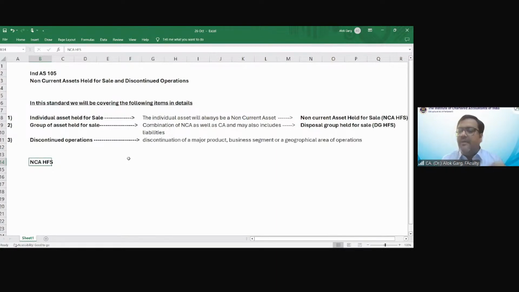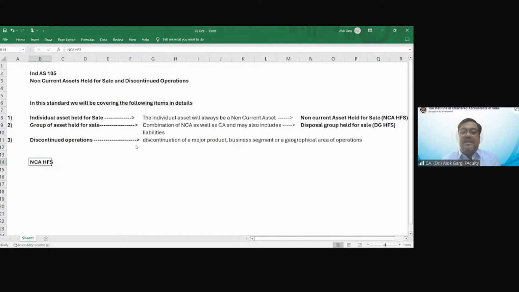The only difference is that NCA-HFS is a single asset and DGHFS is a group of assets. Wherever you find in the standard a non-current asset within brackets or disposal group, it means every criterion is the same for a group of assets or an individual asset to be classified as held for sale.